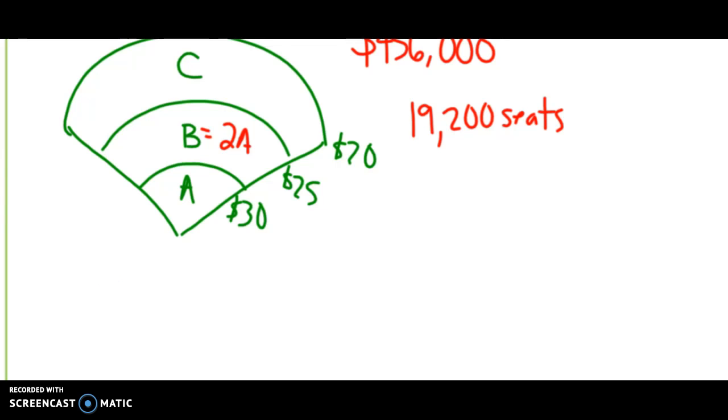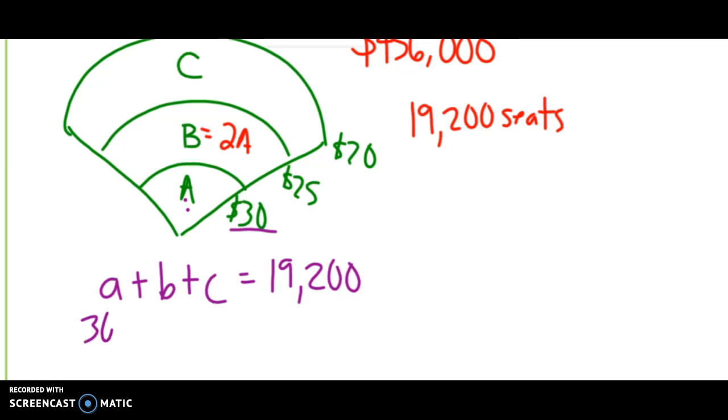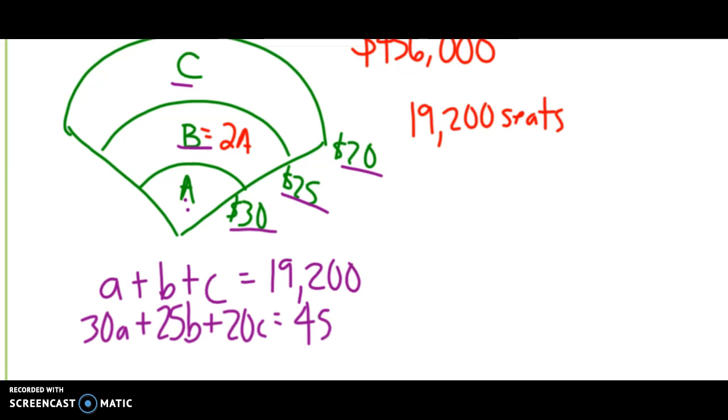So altogether, A plus B plus C, total seats is 19,200. Okay, that's what it said. There's a total of 19,200 seats. Then it says, if we sell all the tickets, so $30 for A, I'm going to say 30A plus 25 for B plus 20 for C, that's going to be equal to the total price of $456,000.